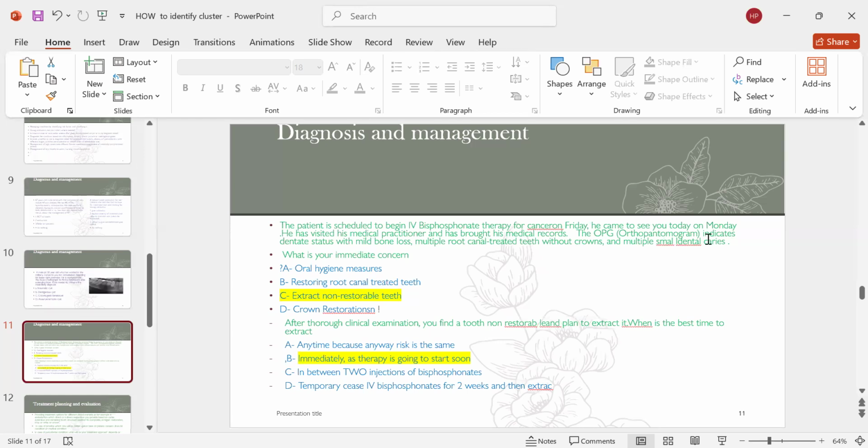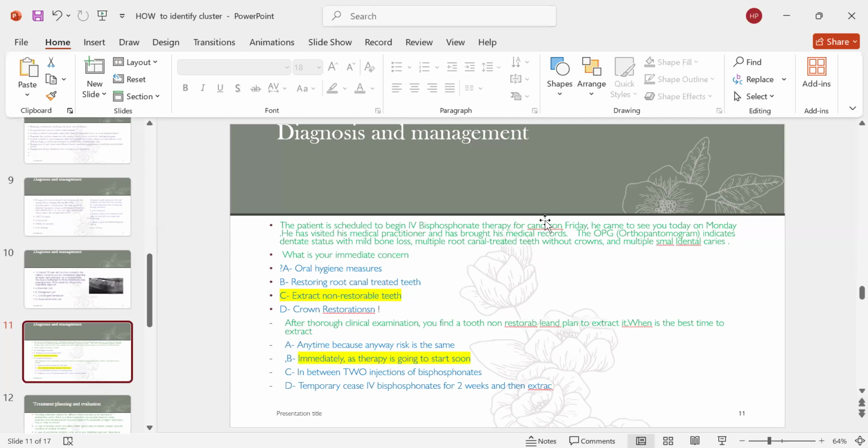And there are multiple small dental caries there. So when you are going to start the bisphosphonate therapy, what is your first priority? Is oral hygiene measure the first priority, or restoring the RCT treated tooth, or crown restoration? What are the high chances when you start the bisphosphonate therapy?